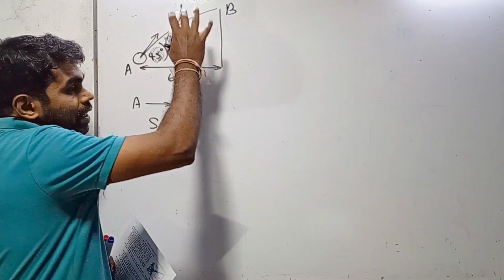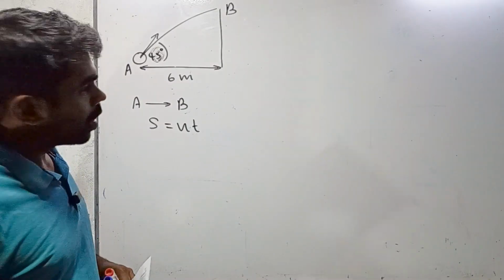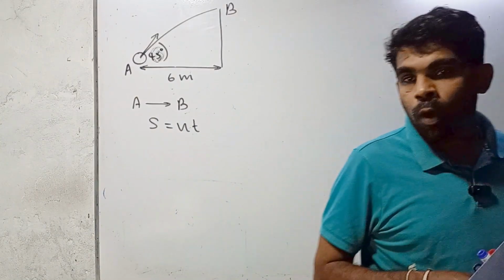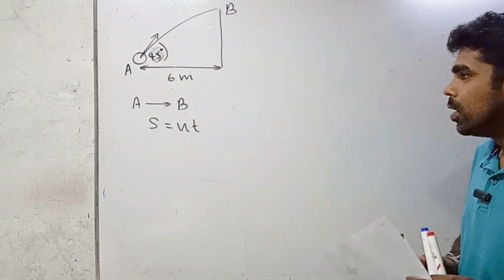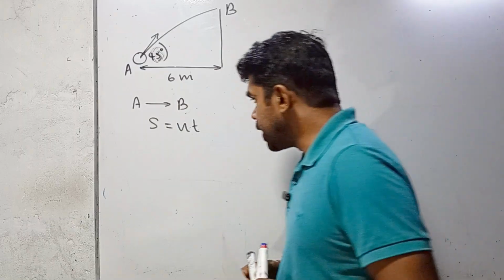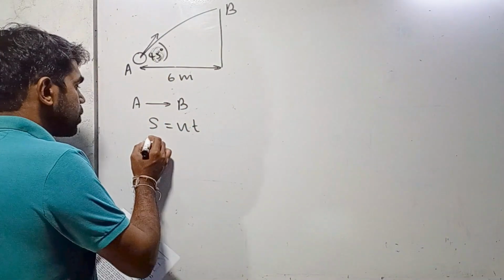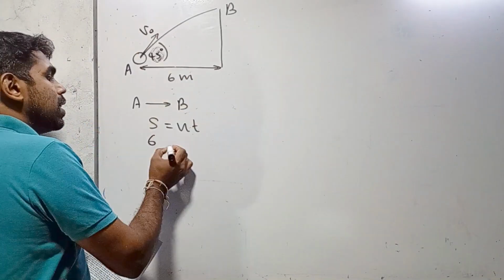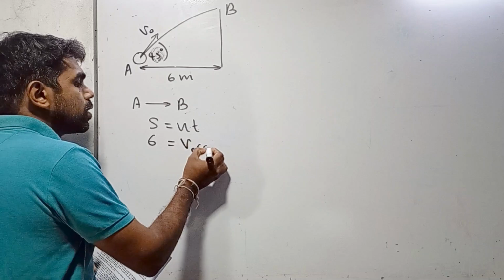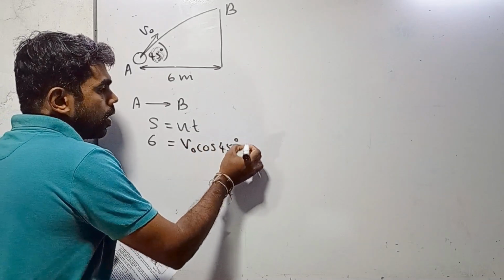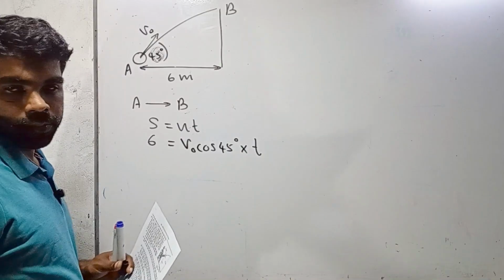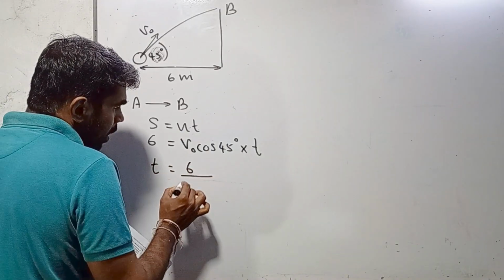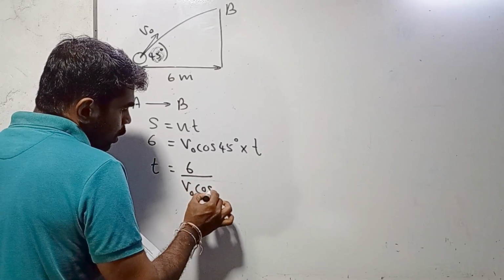In projectile motion, the horizontal component is uniform velocity motion. They have given the ejecting velocity V0, so the horizontal velocity component is V0 cos 45. To find the time: time is distance divided by V0 cos 45.